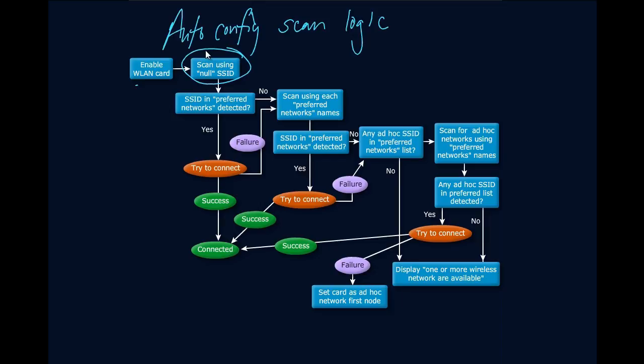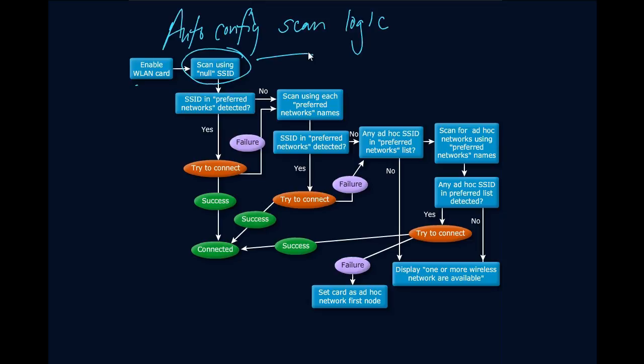Usually it would say, I'm contacting AP guest, or I'm contacting AP, whatever the SSID is. In this case, the scan is going through null. It's sending it out with a blank space where the SSID is. And it's sending it out everywhere, the entire spectrum that it is available to. So all the channels, everything, it's just sending out this null statement.